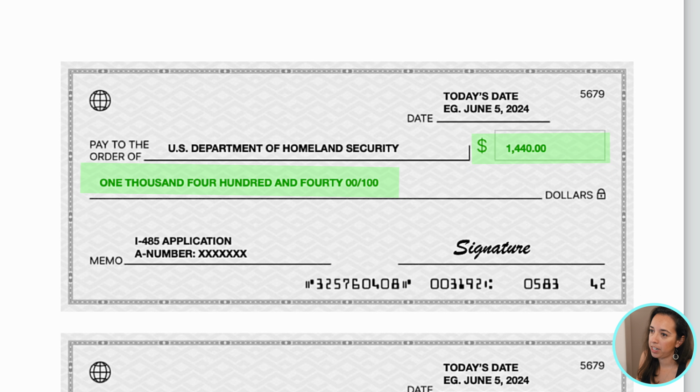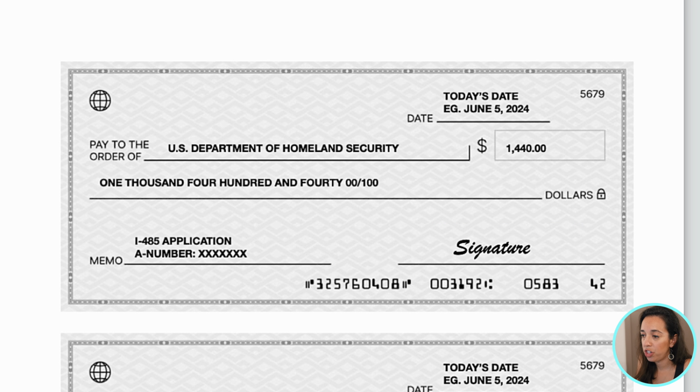This check should be written out for $1,440.00 in numerical form, along with the wording as displayed on the screen. In the memo section, you should include the name of the application form you're submitting. So in this case, it's the I-485 form. You should add the applicant's name and a number 2. And then this check should be signed.